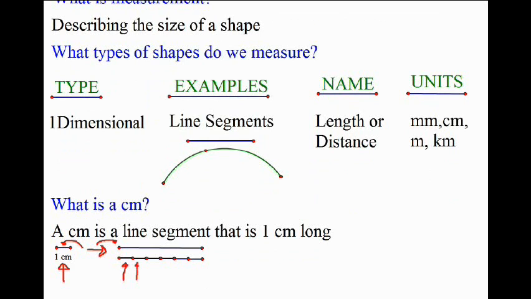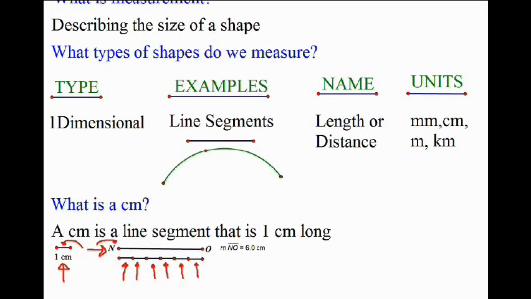So if we count how many there are here, there are 6 of those pieces there. So this line segment that I've drawn here is, in fact, 6 centimeters long. And the reason it's 6 centimeters long is because 6 of those 1 centimeter pieces fit onto that line.